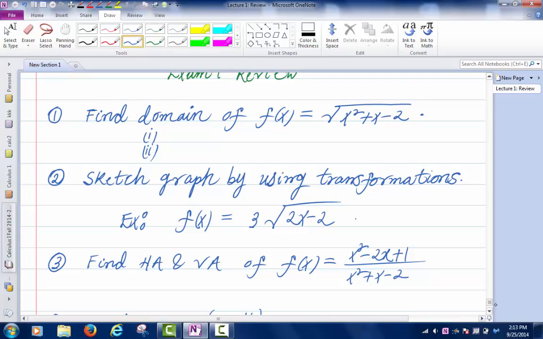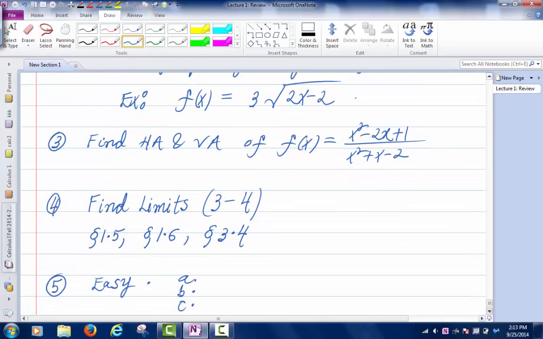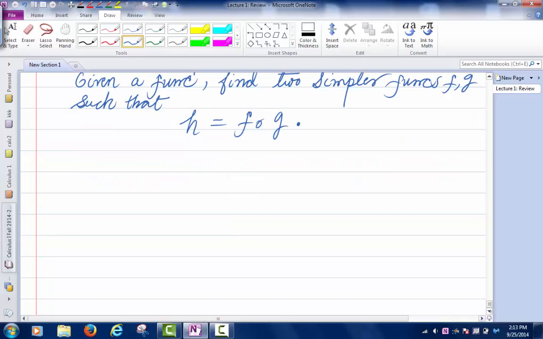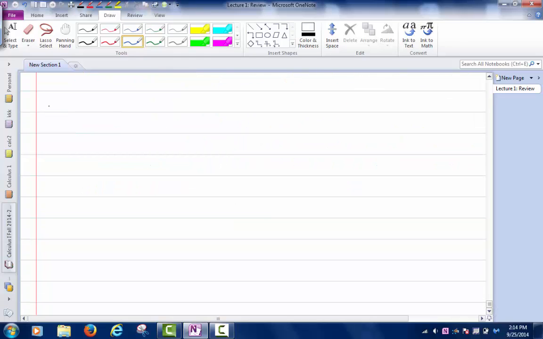Problem 3. Find the vertical and the horizontal asymptotes. Okay, so let me see. Find the vertical and horizontal asymptotes of a function.